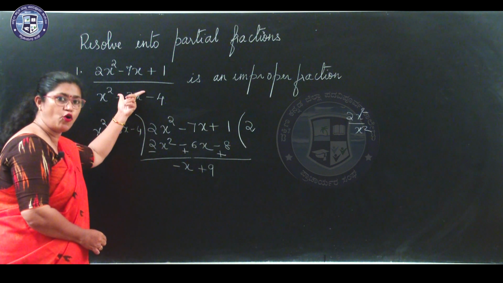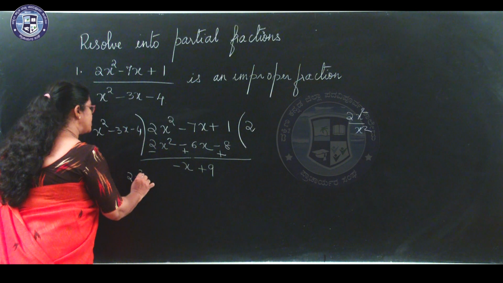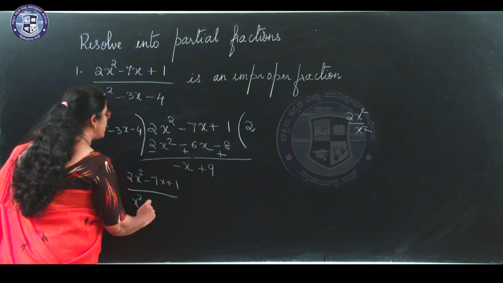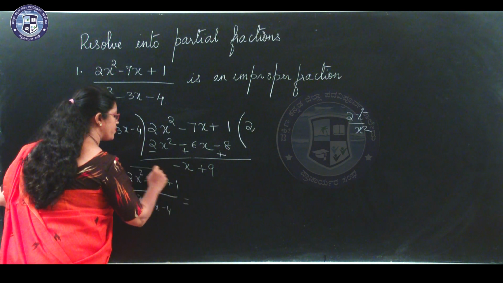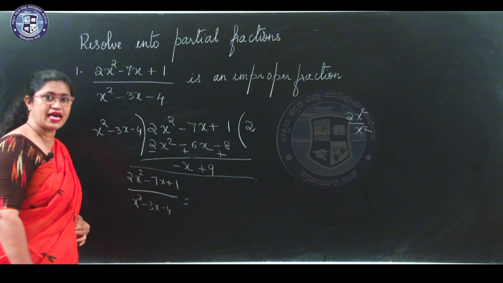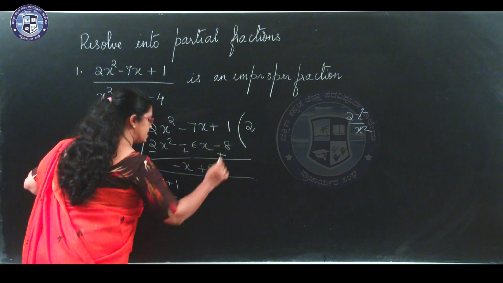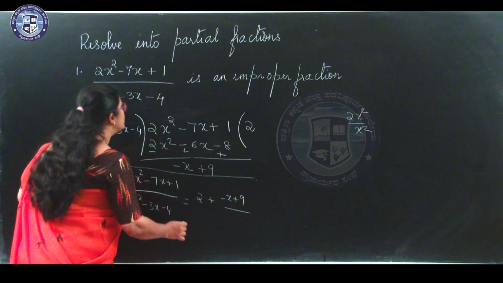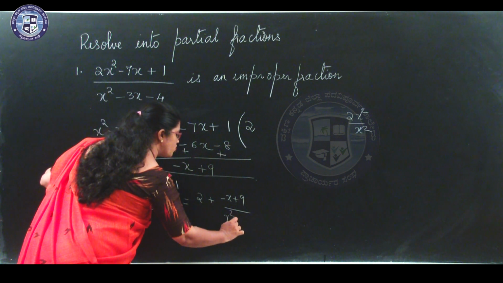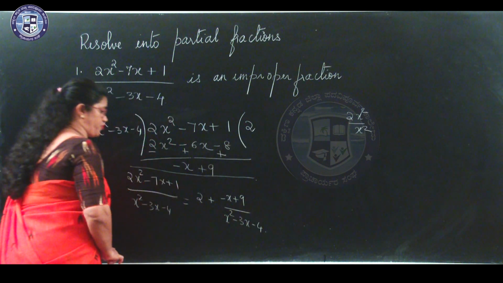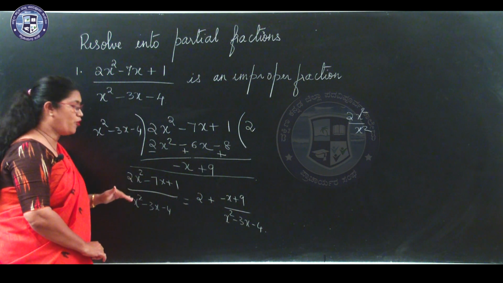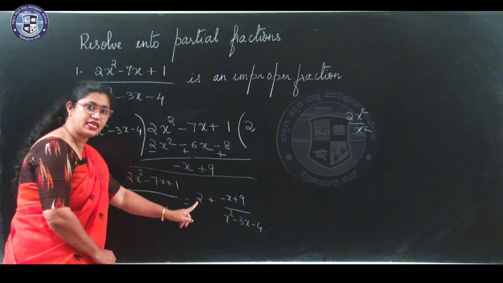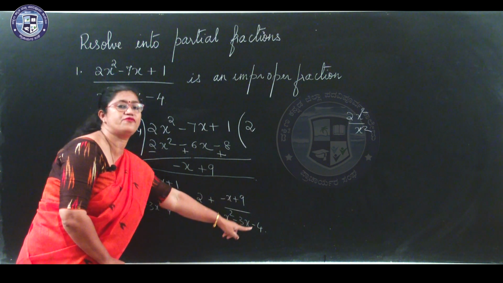So the equivalent form of 2x square minus 7x plus 1 by x square minus 3x minus 4 can be written as the answer plus the remainder divided by the denominator, x square minus 3x minus 4. Now look at this, the format of the question has changed. Instead of an improper fraction, you are having it as a polynomial plus a proper fraction.